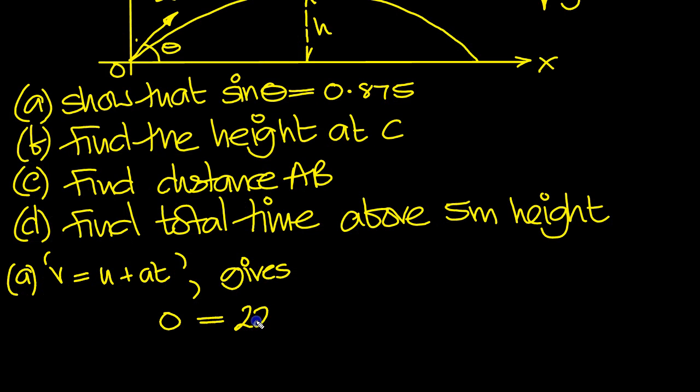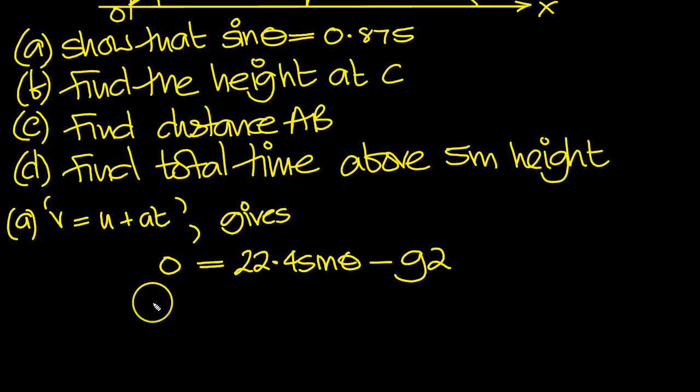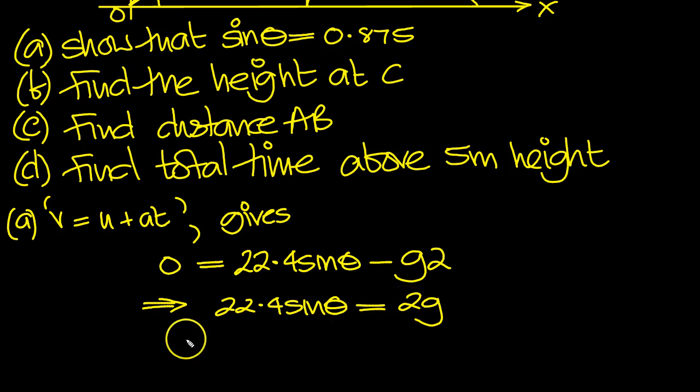So that's 22.4 sine theta, plus a, the acceleration vertically upwards, which is minus g, and the time is 2, when v is 0, because that's the highest point. So what does that imply? 22.4 sine theta is equal to 2g, moving the minus 2g over to the other side.